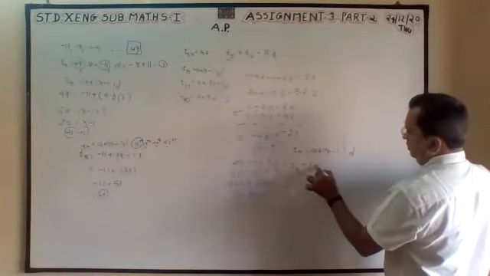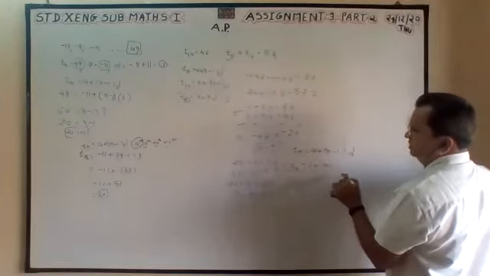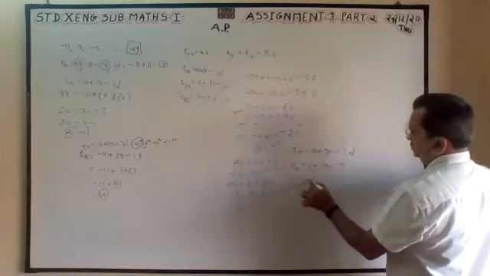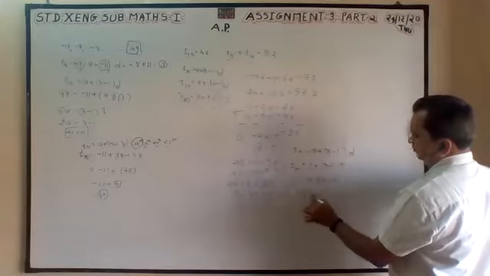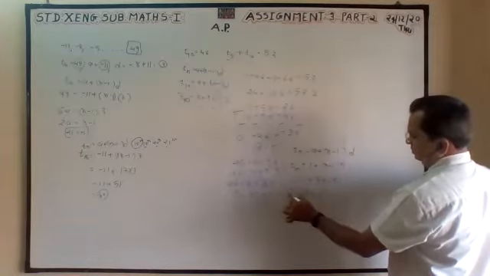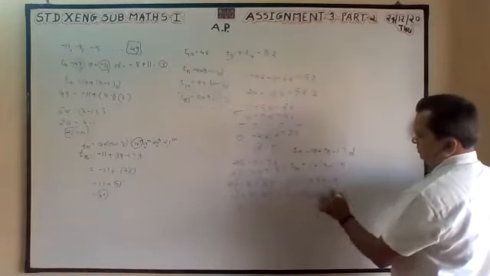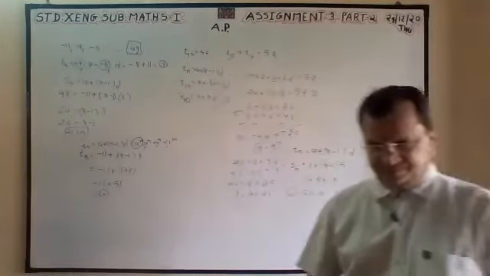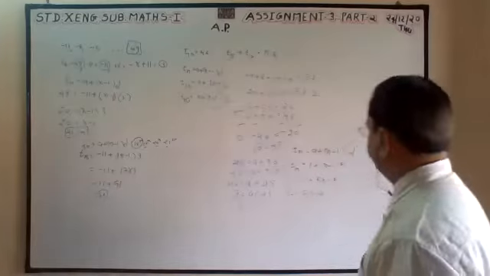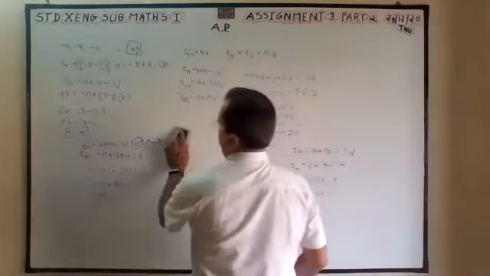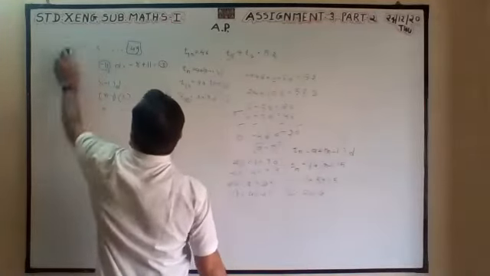A is what? 1. D is what? 5. So 1 plus 5n minus 5, so 5n minus 4. This is the formula, the standard equation of that series.